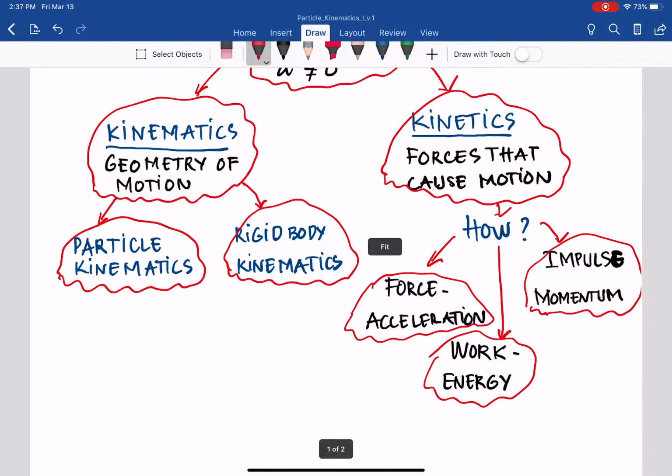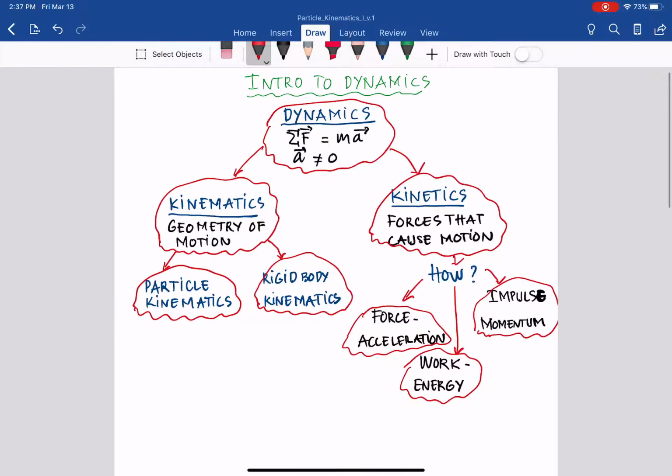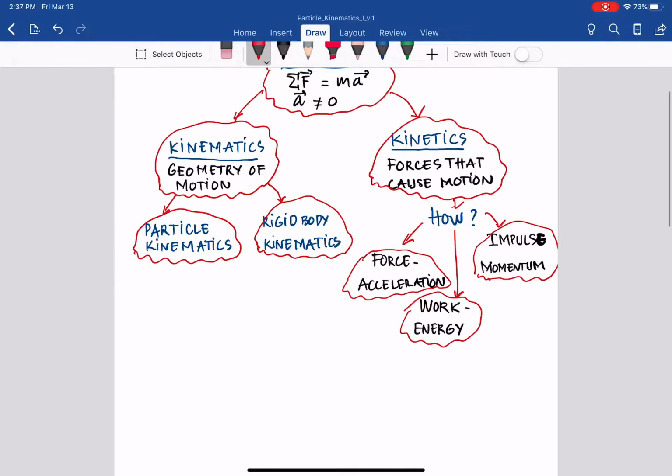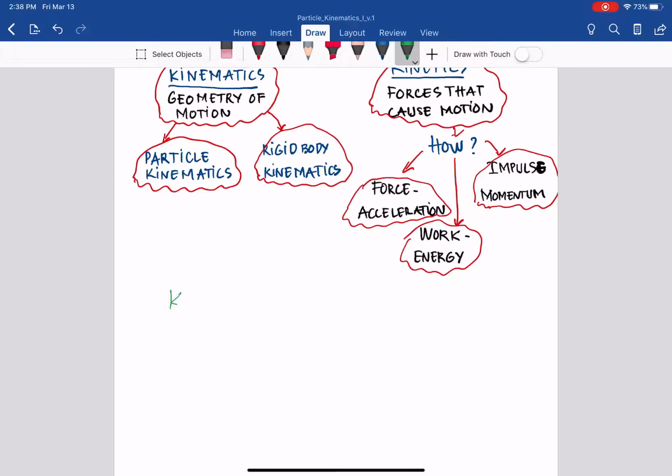Okay, so that gives you the overview of what we are going to cover in dynamics for the remainder of this semester. So let's talk about kinematics for today and the next lesson.